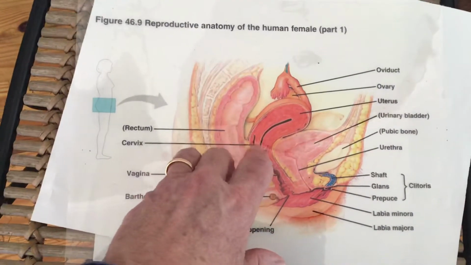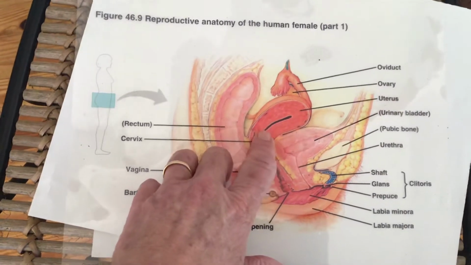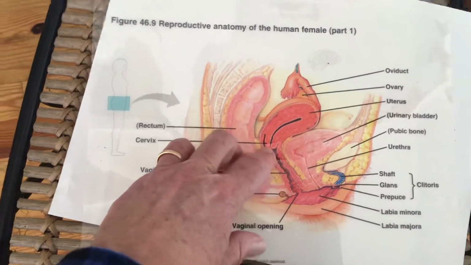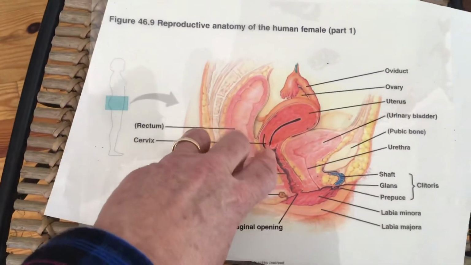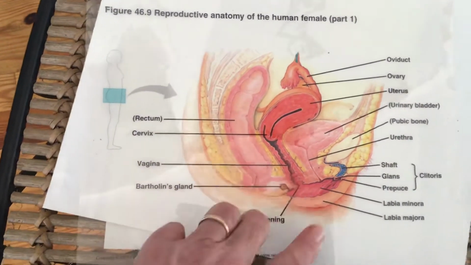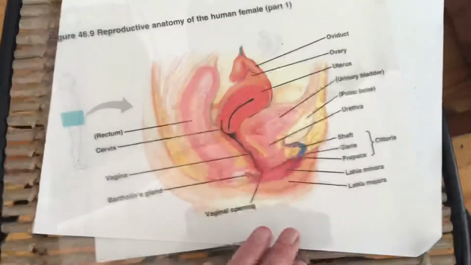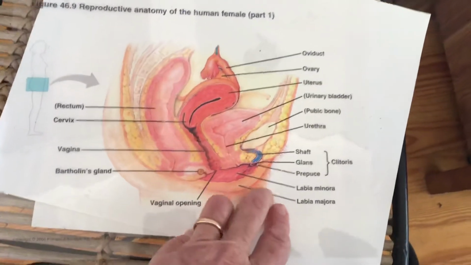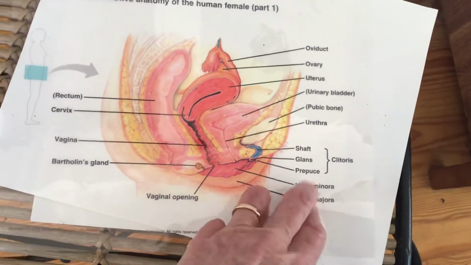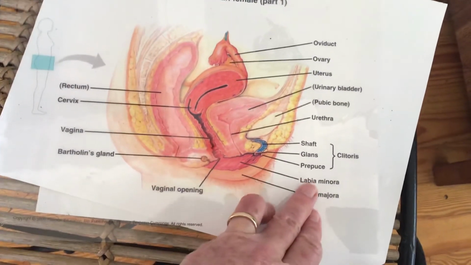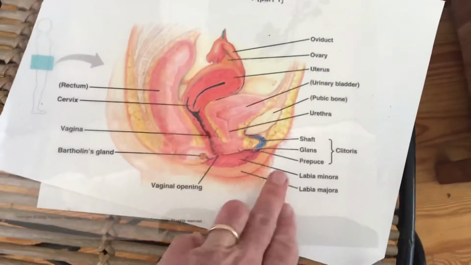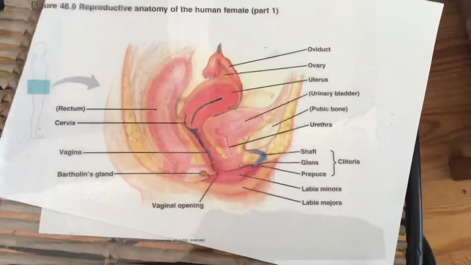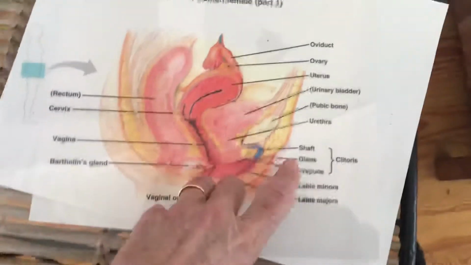Otherwise, it's going to be sloughed off with the uterus wall and go through the cervix, which is a muscular, very small opening, and then it will go down the vagina to the outside of the body. So some outside features are the labia majora, which are big folds of skin, the labia minora, small folds of skin, and then of course the clitoris, which has similar parts to what the penis would have on the end.